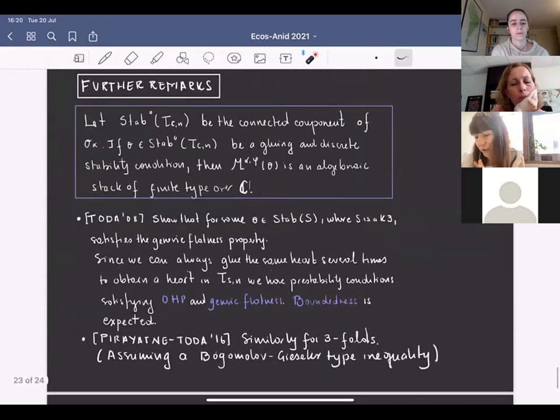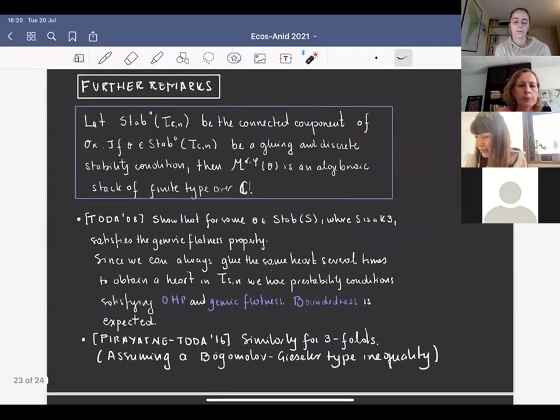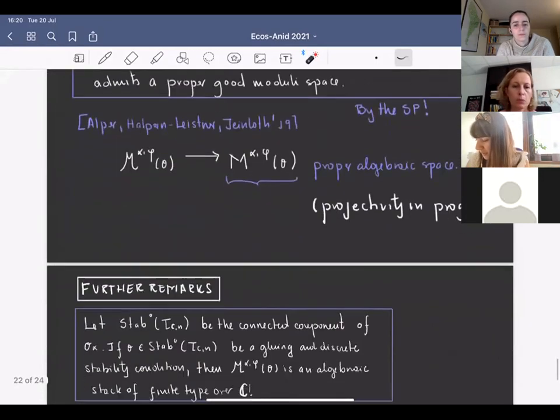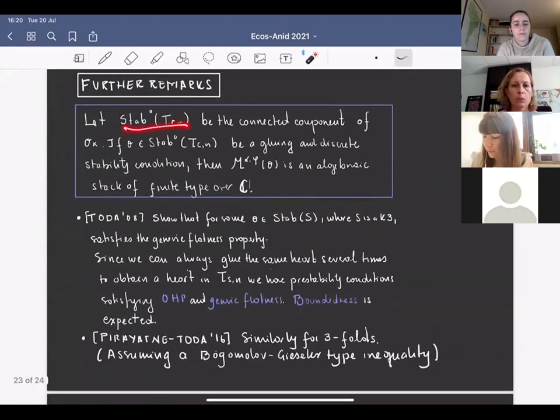And my further remarks are that in the case of chains, this was done for triples. So in the case of chains, for the gluing stability conditions, we can prove everything.